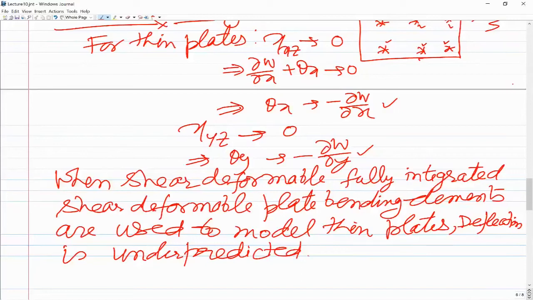So this deficiency, this is a numerical problem, a numerical deficiency.